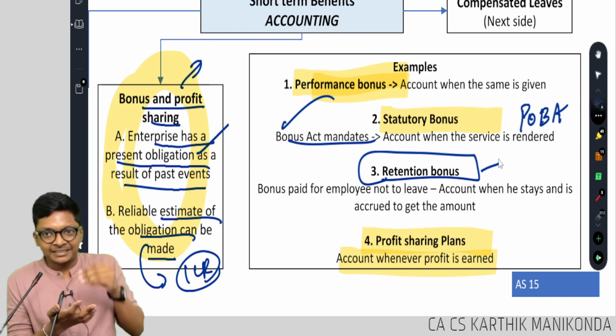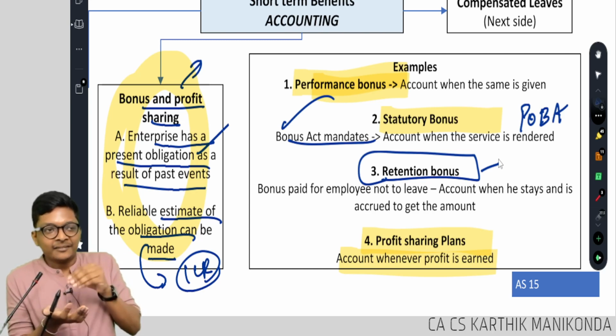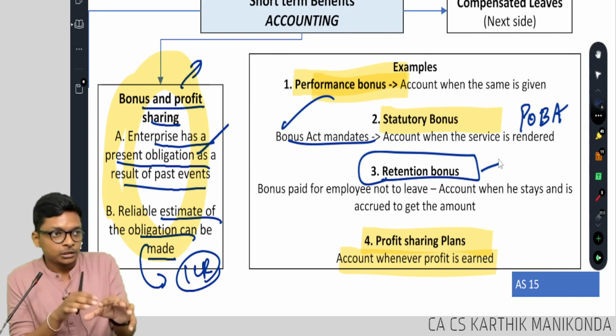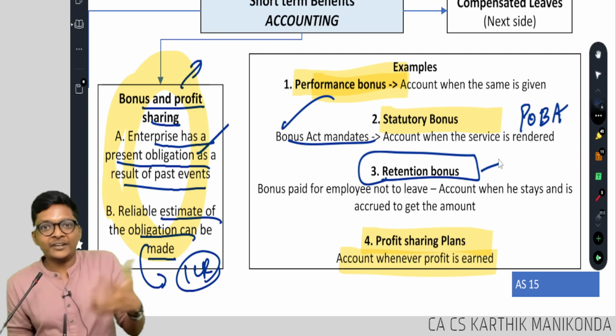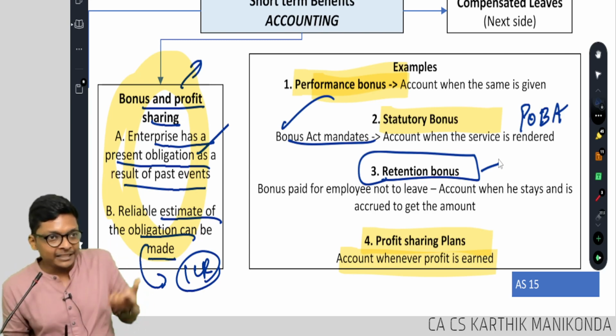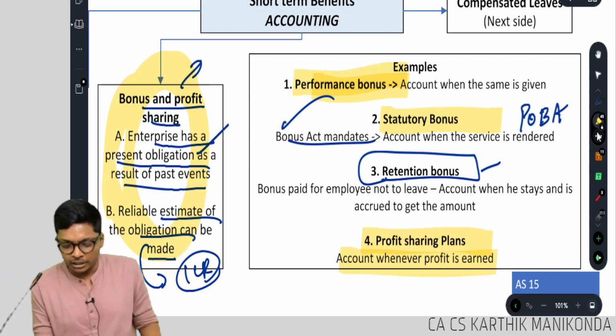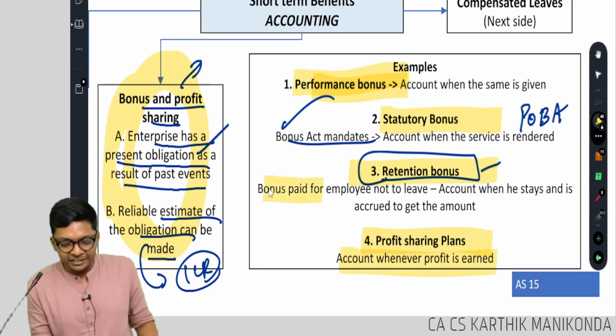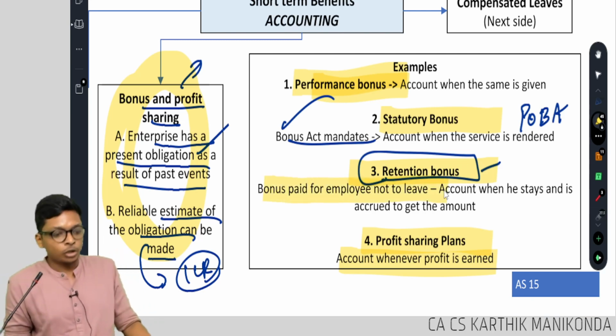So sometimes good working employees will decide to quit, but the company needs their service. So at that time I will try to offer them double pay, triple pay, so they stay in the company. That's called a retention bonus, to retain the employees. Bonus paid for employees not to leave.